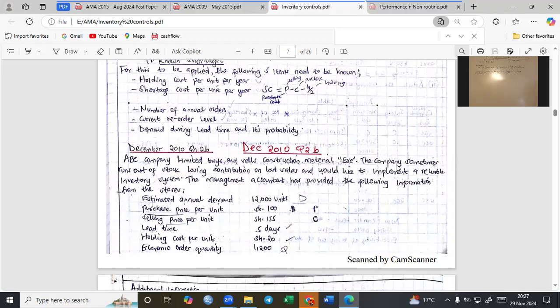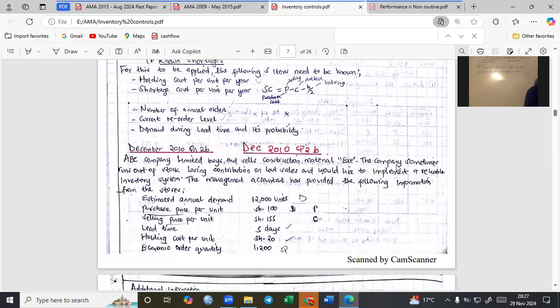Number one, holding cost per unit. Make sure you have written holding cost per unit. Number two, shortage cost per unit. And the formula for shortage cost per unit is SC = P - C - H/2. SC is the shortage cost.